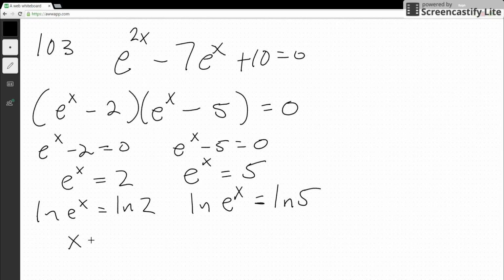Alright, so this is x equals the ln of 2, which is about 0.69. And then the ln of 5, so these cross out, is about 1.6.